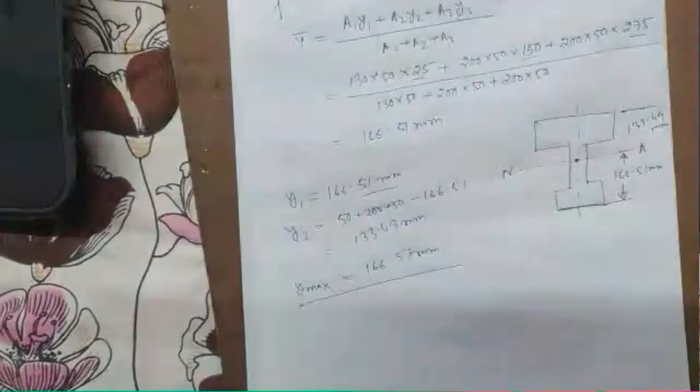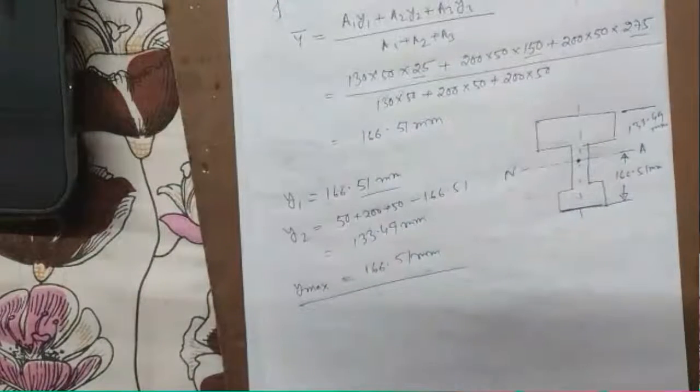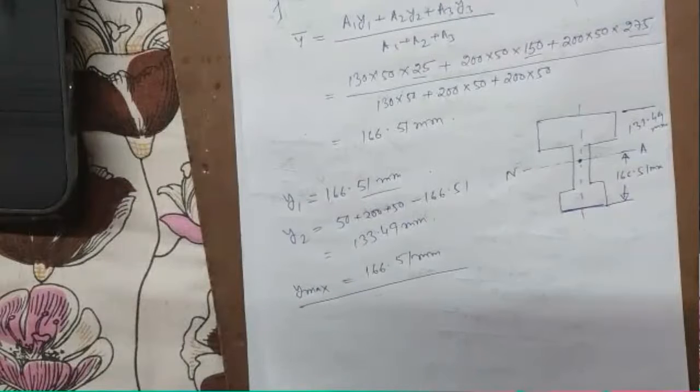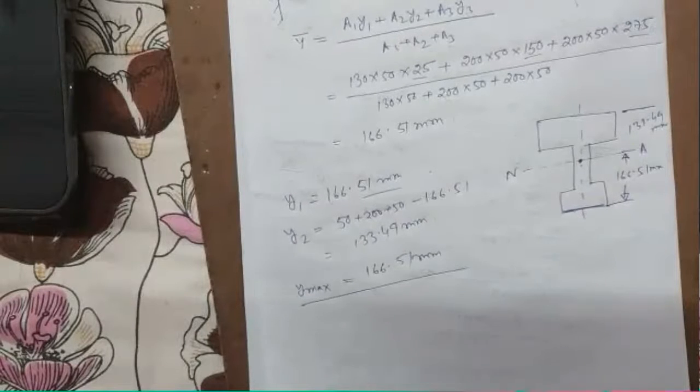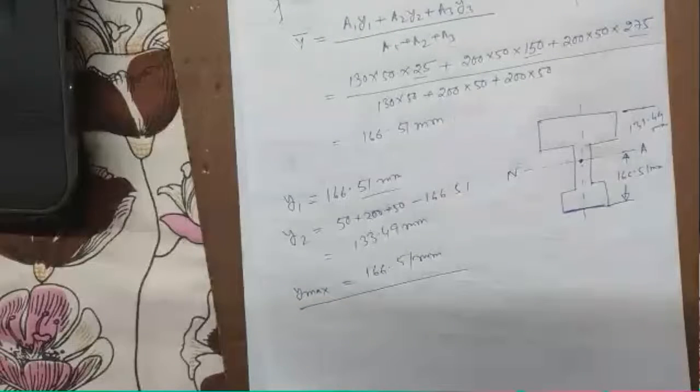Now the question was to find the neutral axis. We have found the neutral axis, which is at a distance of 166.51 millimeter from the bottom face. Now we proceed to the second part of the problem, where it is asked to determine the maximum bending stress if the maximum bending moment on the section is 40 meganewton mm.